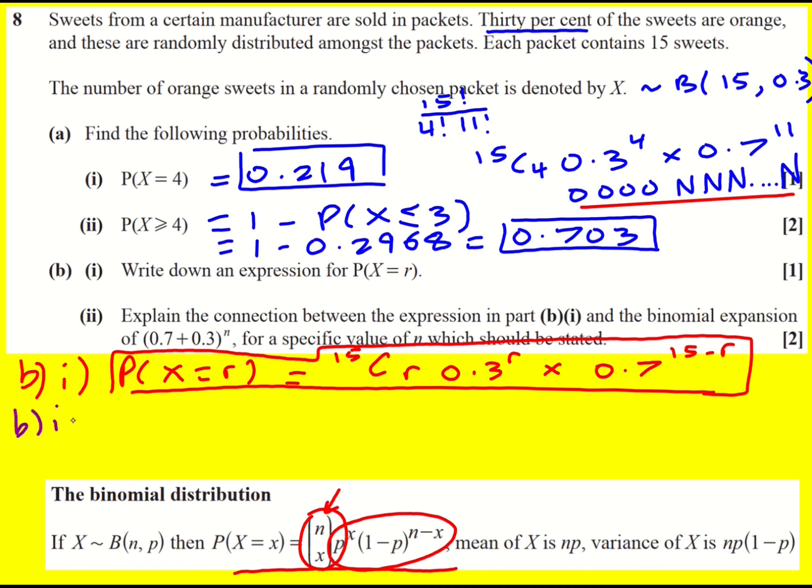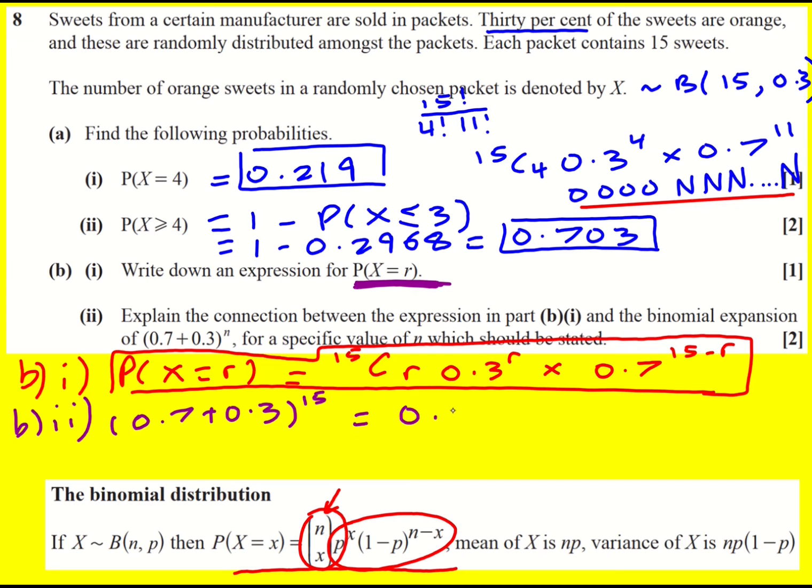Lastly, there's a link to the binomial theorem or binomial expansion. Explain the connection between our answer to part b, part 1, specifically this one here, and this binomial expansion. If I did the binomial expansion, it says for a specific value of n, so n is 15, because that's what we were using before.